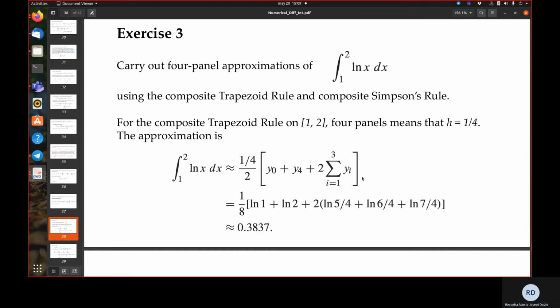So this is going to be 1/4 divided by 2, 1/8, and then this is going to be log of 1, which is the lower. Log of 4 is equal to log of 2, which is the upper.